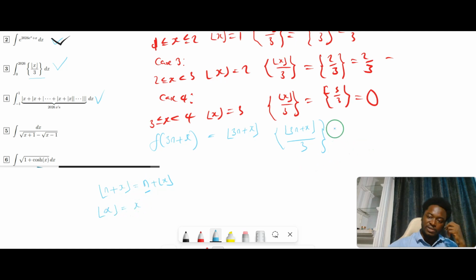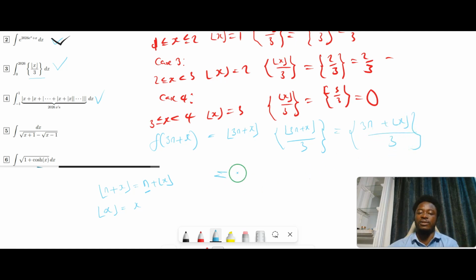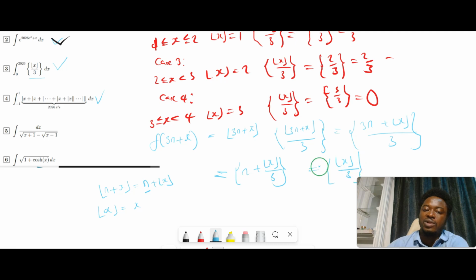So in this case we will have the fractional part of 3n plus the floor of x all divided by 3, and that would give us the fractional part of n plus the floor of x over 3, and this will be the fractional part of the floor of x all divided by 3. So you can see that this is going to be our f of x.